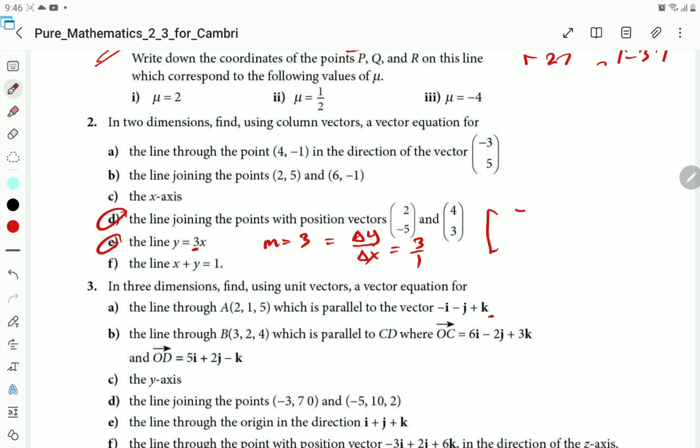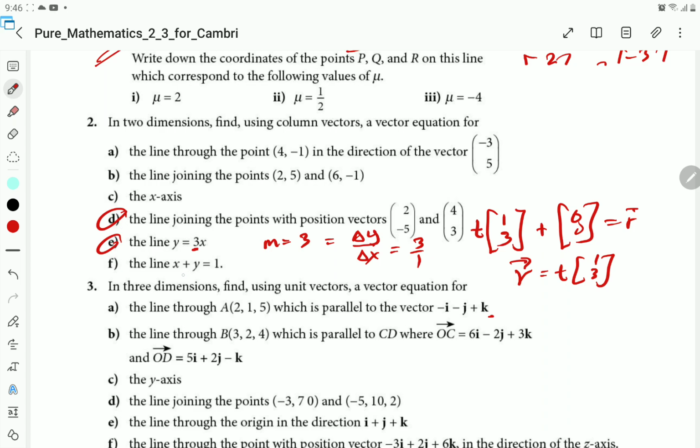But then in vector direction, it should be 1 first and then 3 here. So now you know the vector direction. So that is the t plus, it's passing through 0, 0. So therefore the answer now r is equal to t(1, 3). That's it.